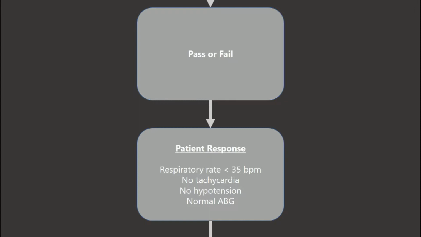What you're looking for is the response to the spontaneous breathing trial. They need to have a respiratory rate of less than 35, they can't become tachypneic as a result, and they cannot develop any hypotension, and their arterial blood gas has to remain normal or normal for them.